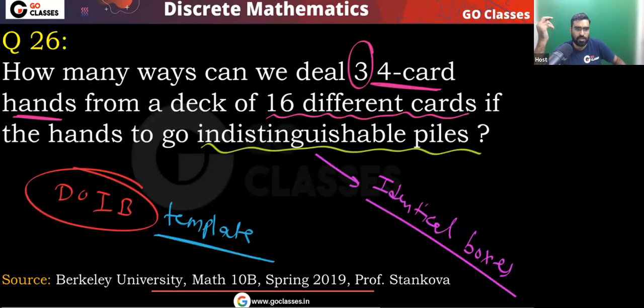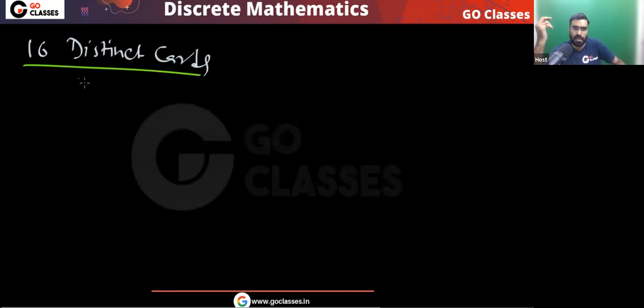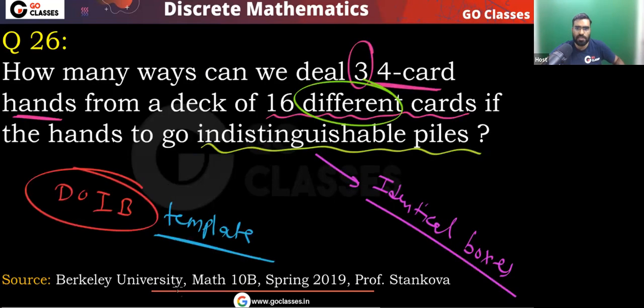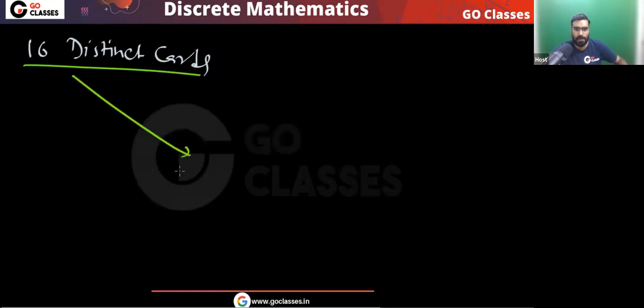So your answer will be what? See, a total of 16 different cards are there. It is already given that 16 distinct cards are there. Now, from these, first you will select how many? You need 4-card hands, so first you will select 12.